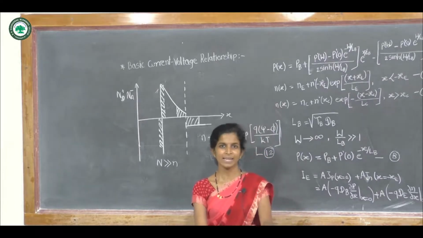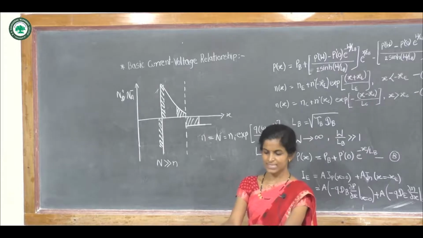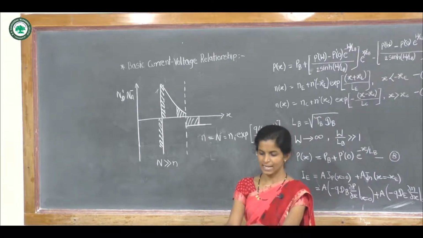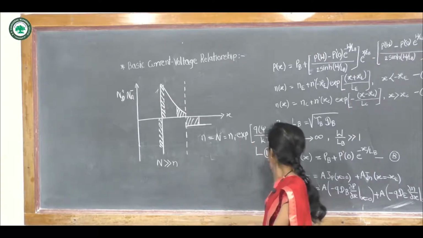Here Ni is the intrinsic carrier concentration, phi is the Fermi potential, and psi is the intrinsic Fermi potential.